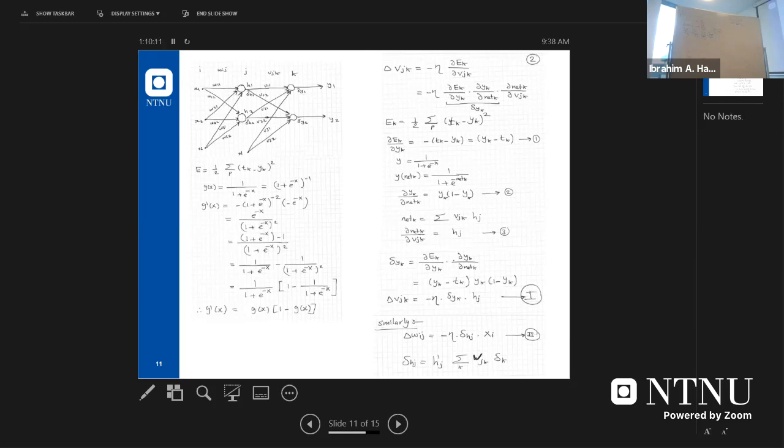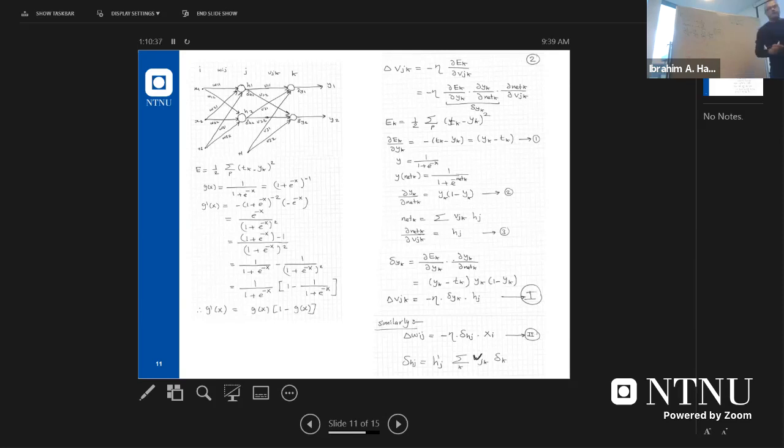It will be minus eta, the learning rate, multiplied by delta Y_k, right? Delta Y_k multiplied by H_j as the input. If it is for bias, it will be minus eta multiplied by delta Y_k directly. Right? And similarly, we can do it for delta W_ij.